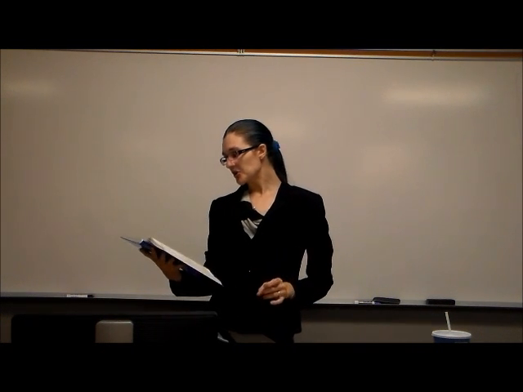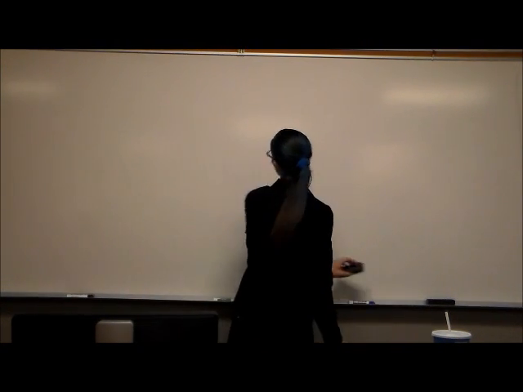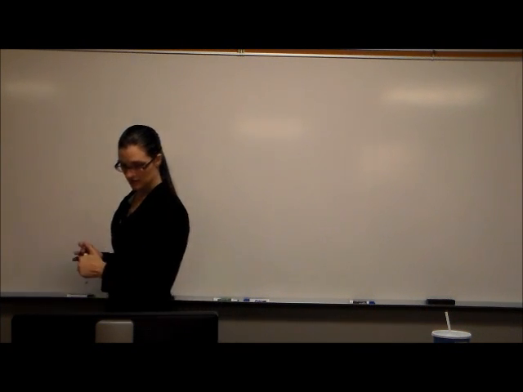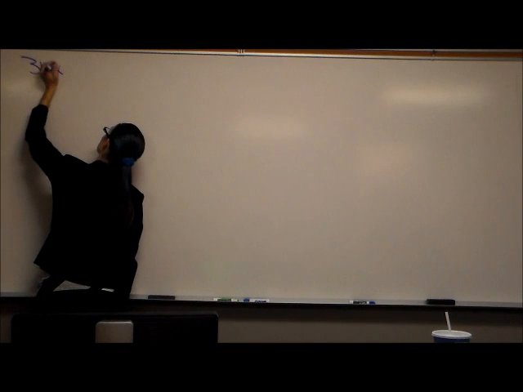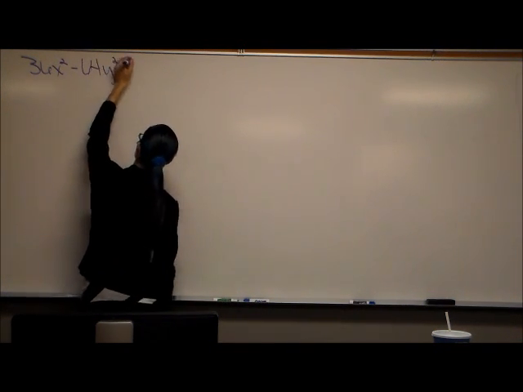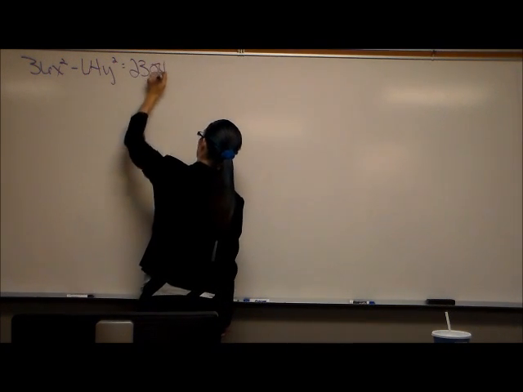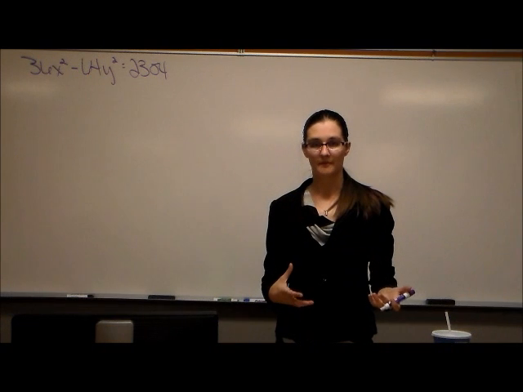Example 1, sketch the curve 36x squared minus 64y squared equals 2304. So we'll do that one first. The first thing you have to do is get it into standard form.